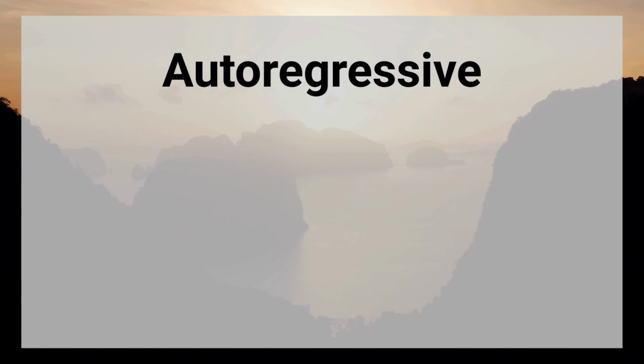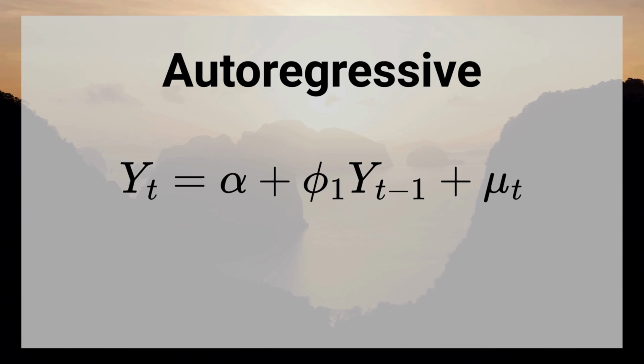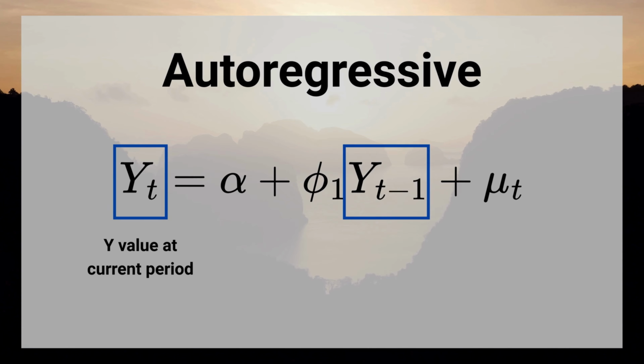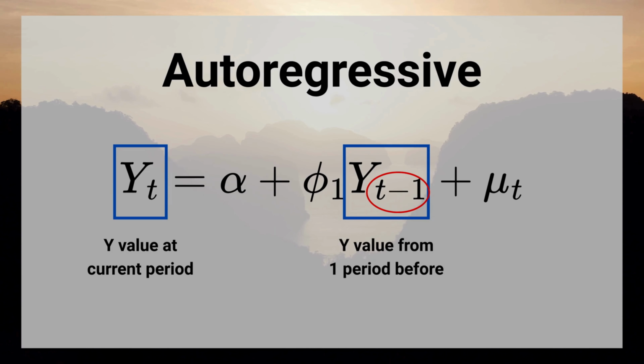In an equation, it looks something like this. Here, y sub t is our variable at current period or period t. But notice there is another y variable on your right. It is slightly different. There's a t minus 1 subscript attached to it. That y sub t minus 1 means it is the value of y from one period before, or the previous period.